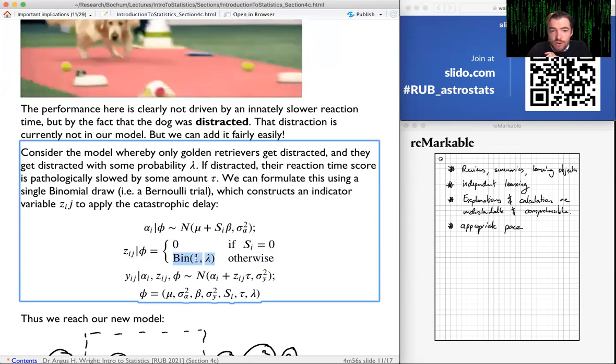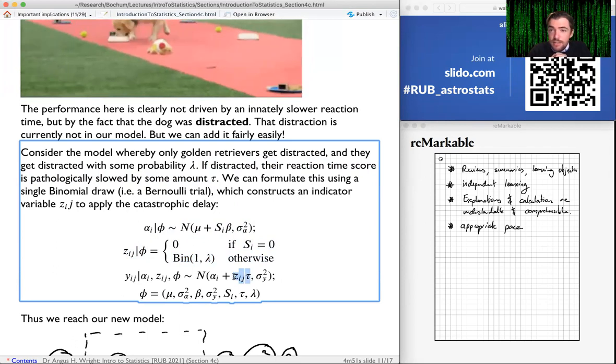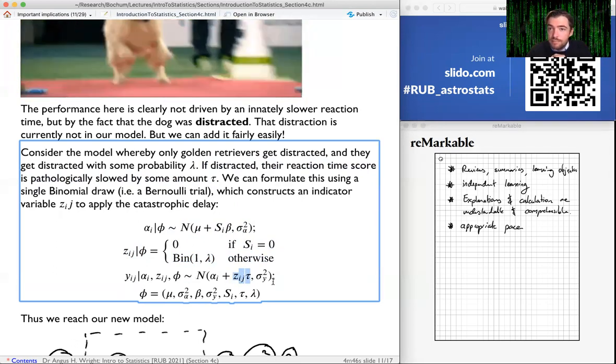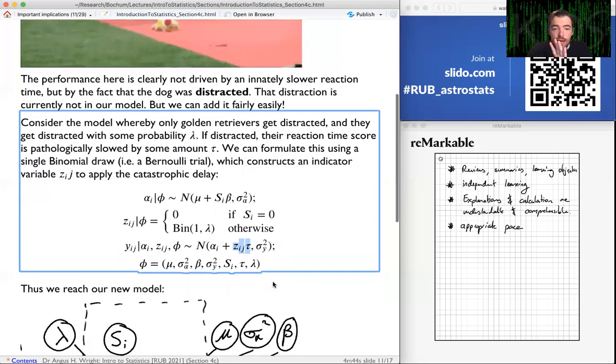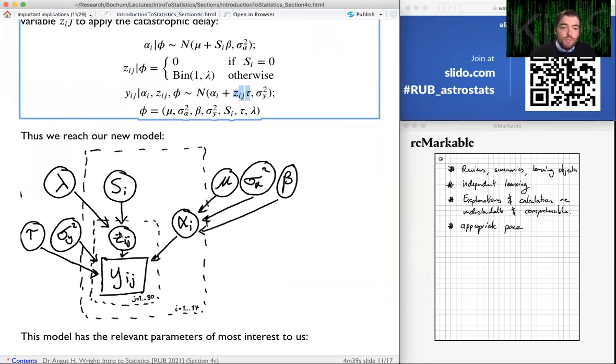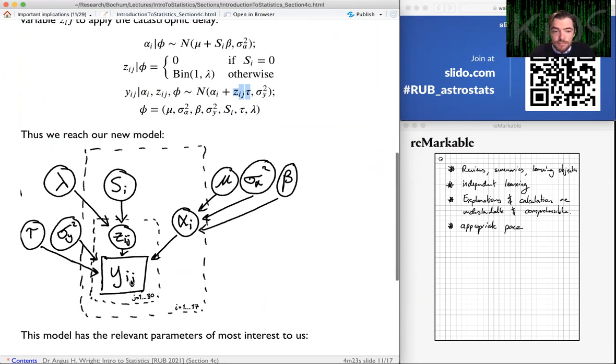And if you get distracted, then you have some catastrophic increase in your average reaction time, which is what this Gaussian is showing us here. And so this is our new hierarchical model, where the individual animal reaction times are governed by this branch, the distraction is governed by this branch here, and the final effect is your observation yi.